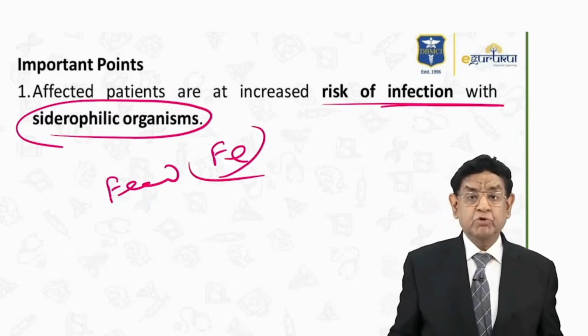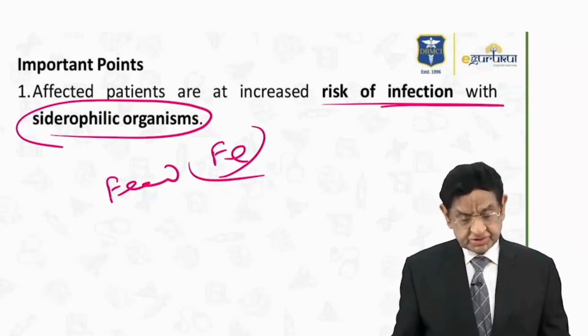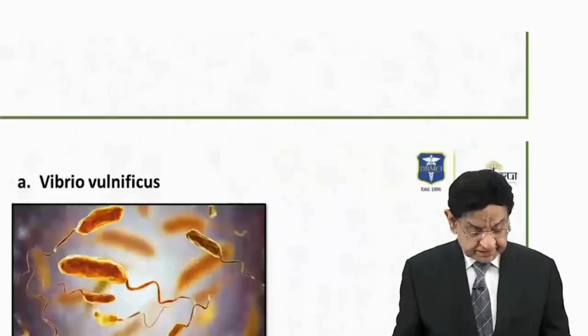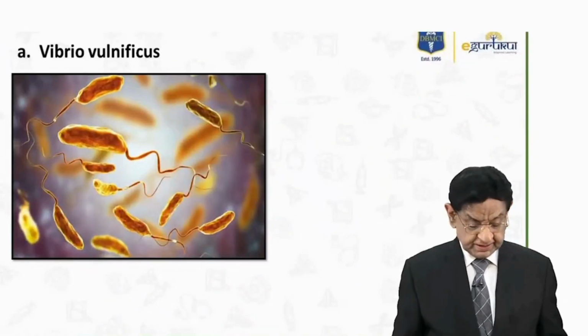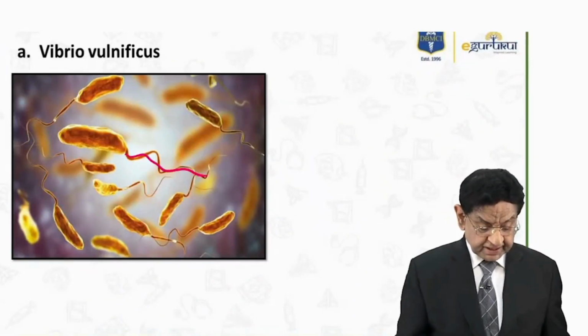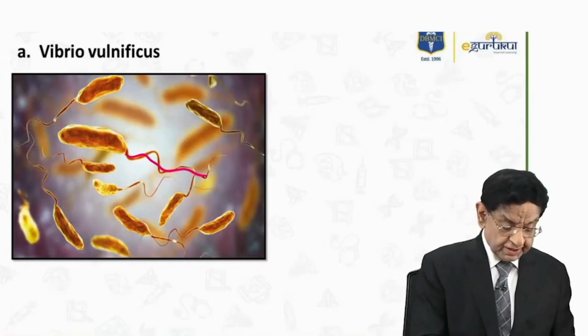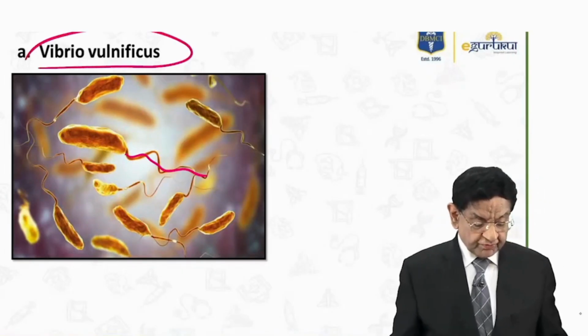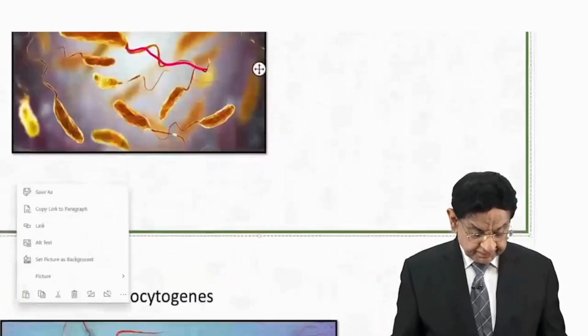These patients are more prone to these siderophilic organisms. Question for microbiology, what are the organisms? One is Vibrio vulnificus. It is a single flagella organism.